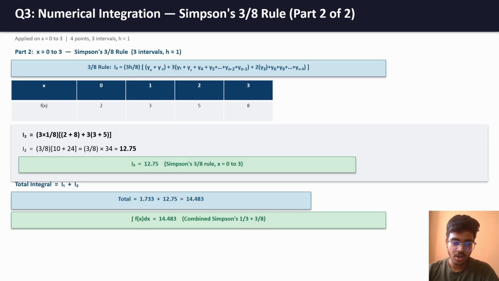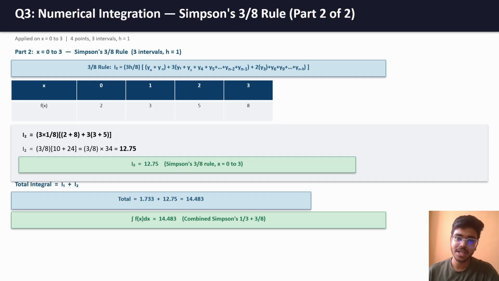Okay, now we have to solve our second subinterval from x equal to 0 to 3. Here we are using Simpson's 3/8 rule, where our h is equal to 1. So to learn this formula, we have to remember a simple pattern.